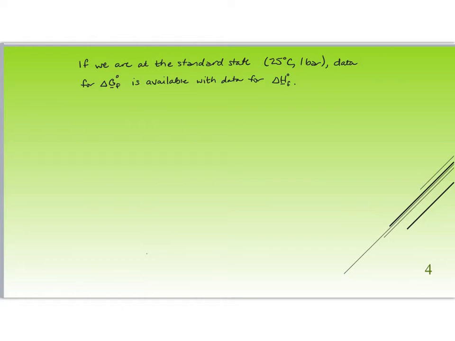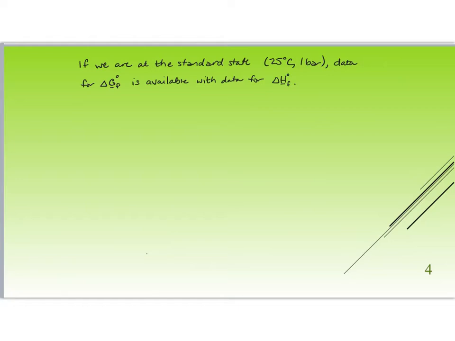Now, finding data for the G's in this expression is really the hard part. What we find is that there are no tables abounding; everywhere you look you can't find data for G. About the only place we see G data is in the tables for reactions, for the delta H of formation and delta G of formation.